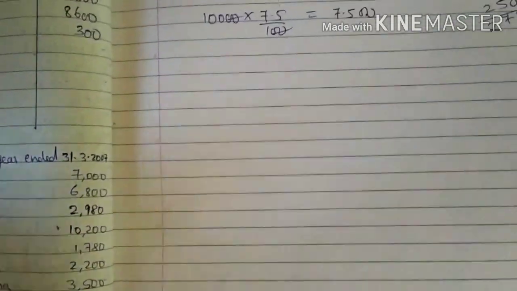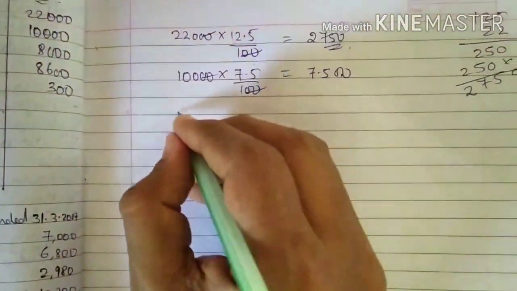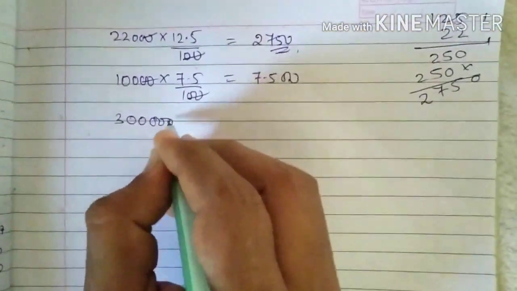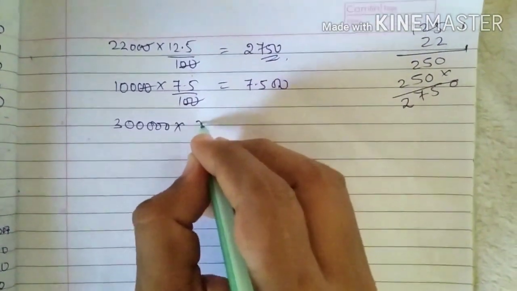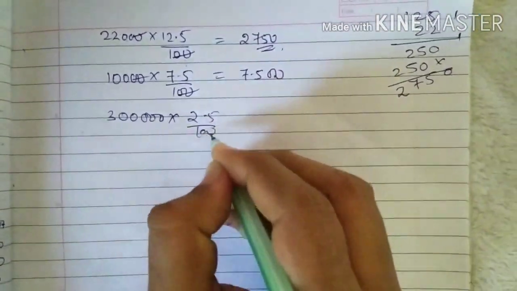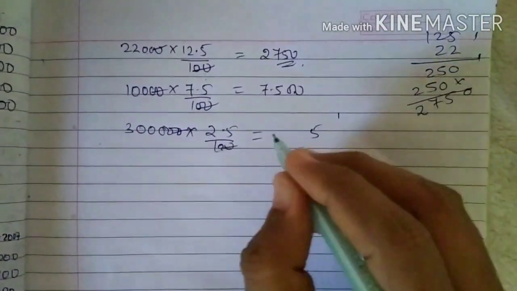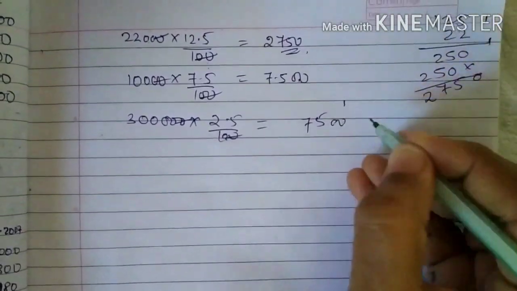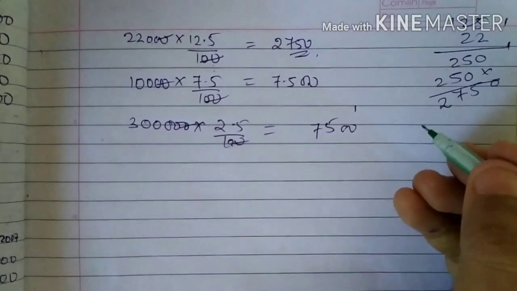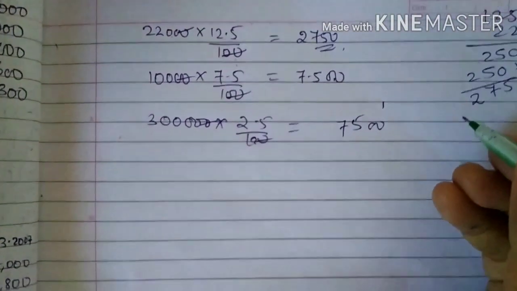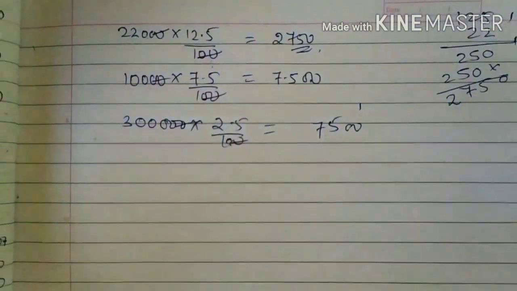So on 3 lakh rupees into 2.5%, 3 5s are 15, you will be getting 7,500.